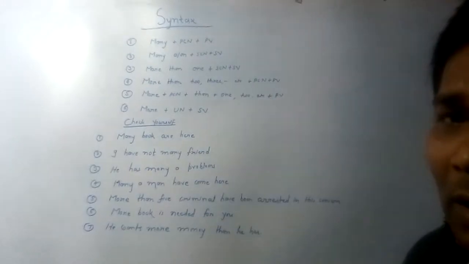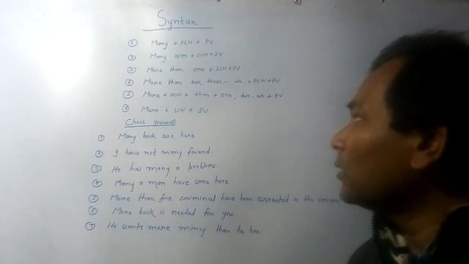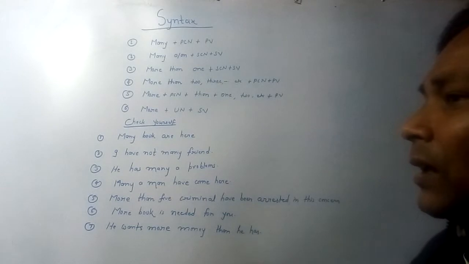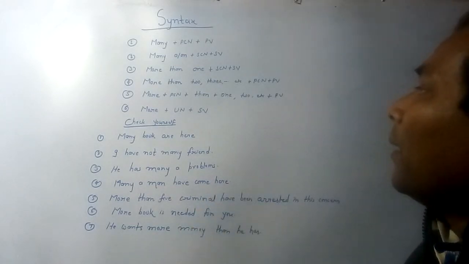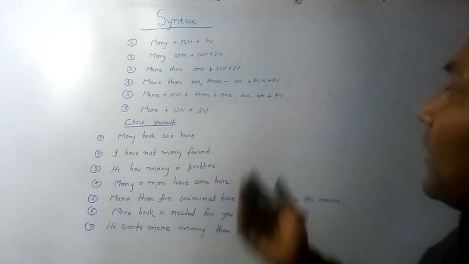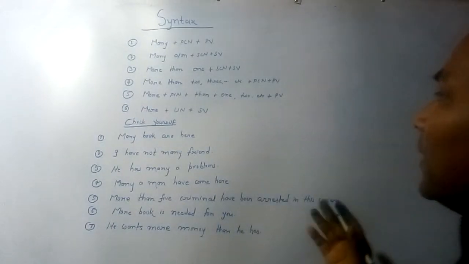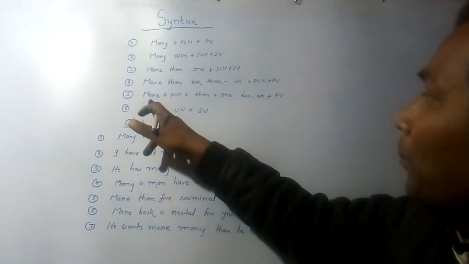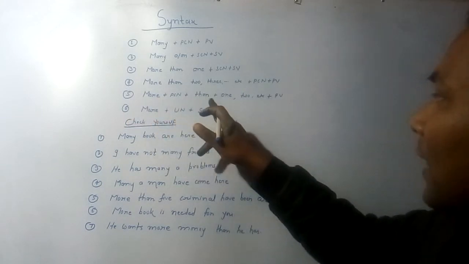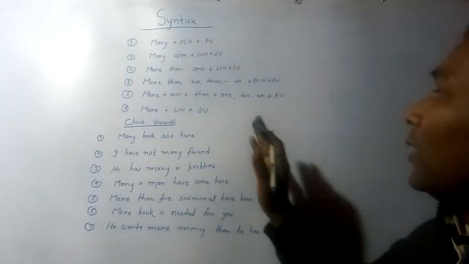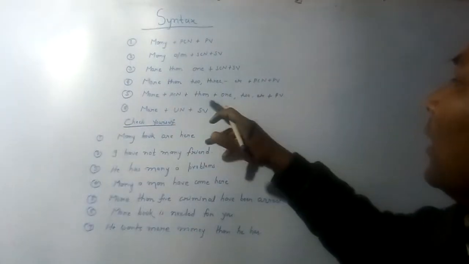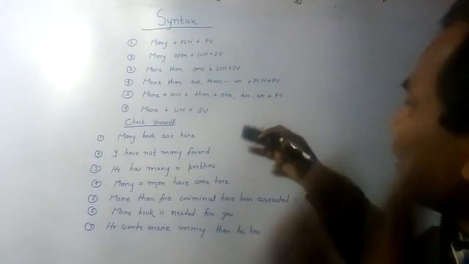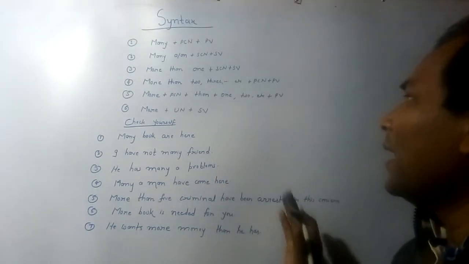Next structure you can find out: more plus PCN plus than plus 1, 2, etc. plus PV. More plus PCN plus than plus 1, 2, etc. Don't worry about the fact of 1. You can use 1, 2, 3, etc., any number.